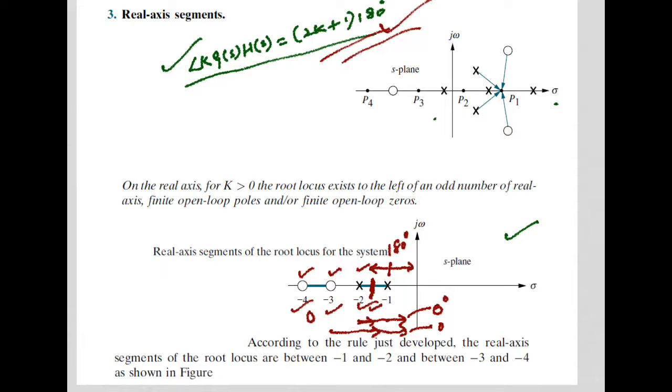So the only contribution is from the pole at -1 if the point lies between -1 and -2. The conclusion is that the only contribution to the angle at any point comes from the open loop real axis poles and zeros that exist to the right of that particular point.